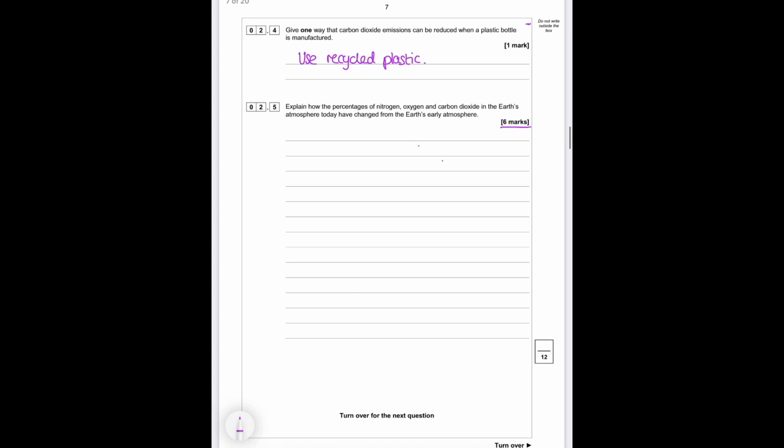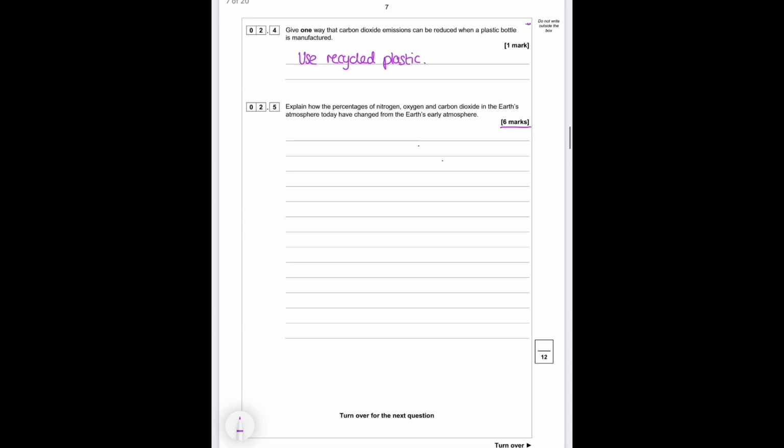Then, as the temperatures around the world cooled, the water vapour that was in the atmosphere condensed and formed the oceans. The oceans then absorbed carbon dioxide from the atmosphere, and that led to carbonates being formed, which led to sediments. But we also had algae and plants that started to form.